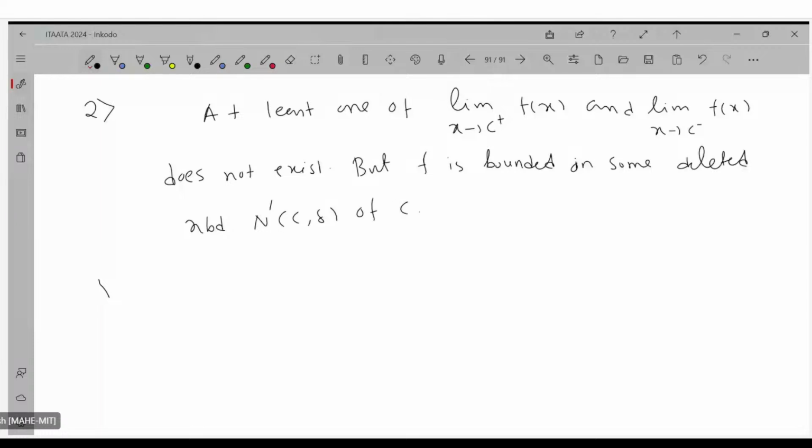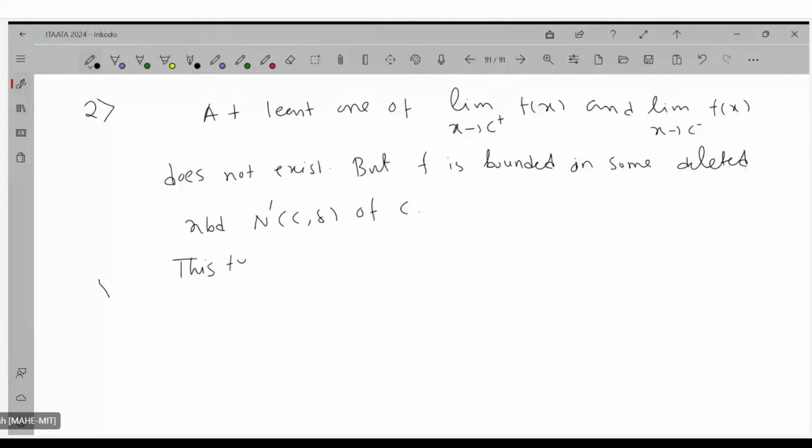In this case, this type of discontinuity will be called oscillatory discontinuity, like we did in the last case. These are all second kind of discontinuity.